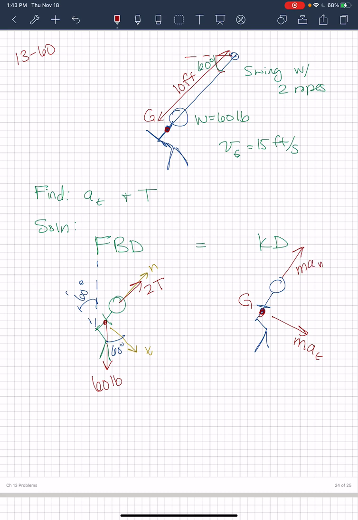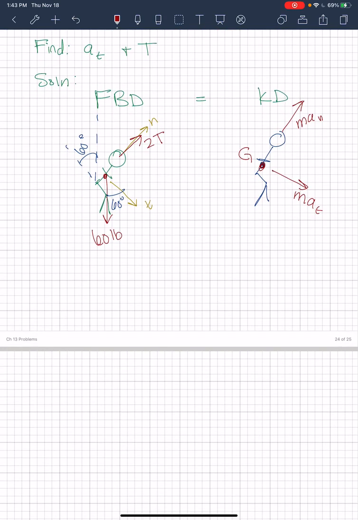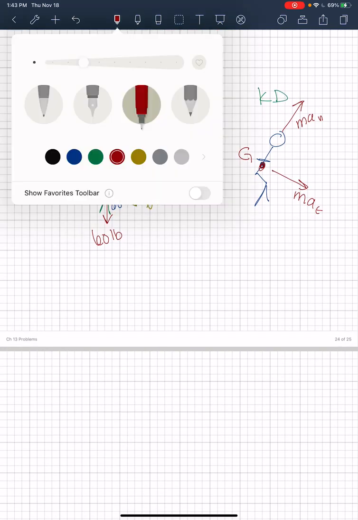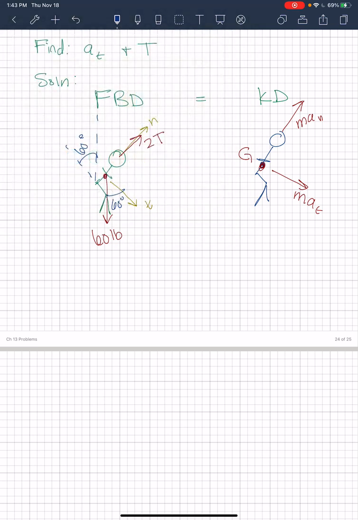So you have acceleration that's the rate of change tangential to the curve that you're on, so that's that m a sub t, and then the m a sub n is in that normal direction, so towards the center of the circle.